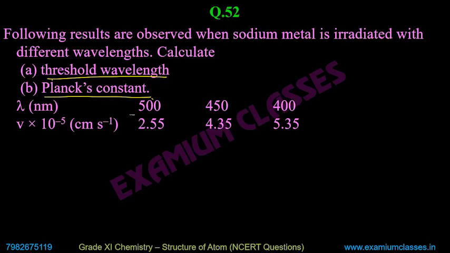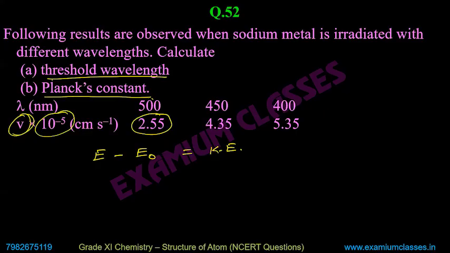So how can you use these things? You know the formula for threshold wavelengths: E minus E naught gives you the kinetic energy. Velocity is given, but this value is actually multiplied by 10 to the power minus 5, and then you get 2.55. It means V will actually be 2.55 into 10 to the power 5. Here velocity will be 4.35 into 10 to the power 5.